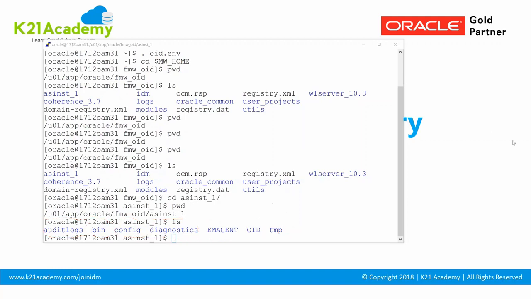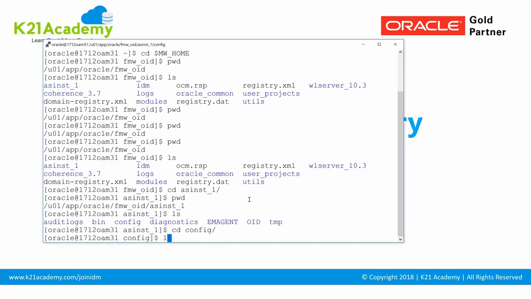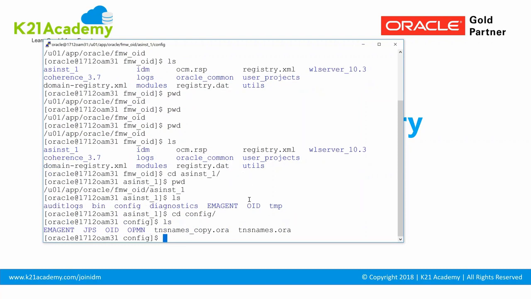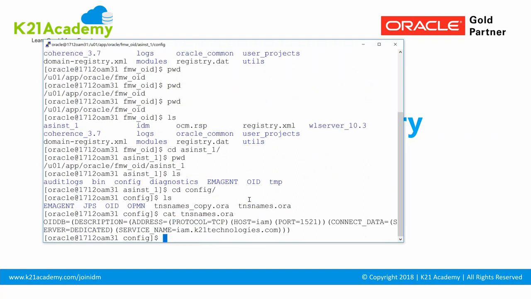Once you know this, most of the time you will be working with either config or diagnostics. In the config folder you have tnsnames.ora, which represents how the OID processes will talk to the database. Where is my host name?